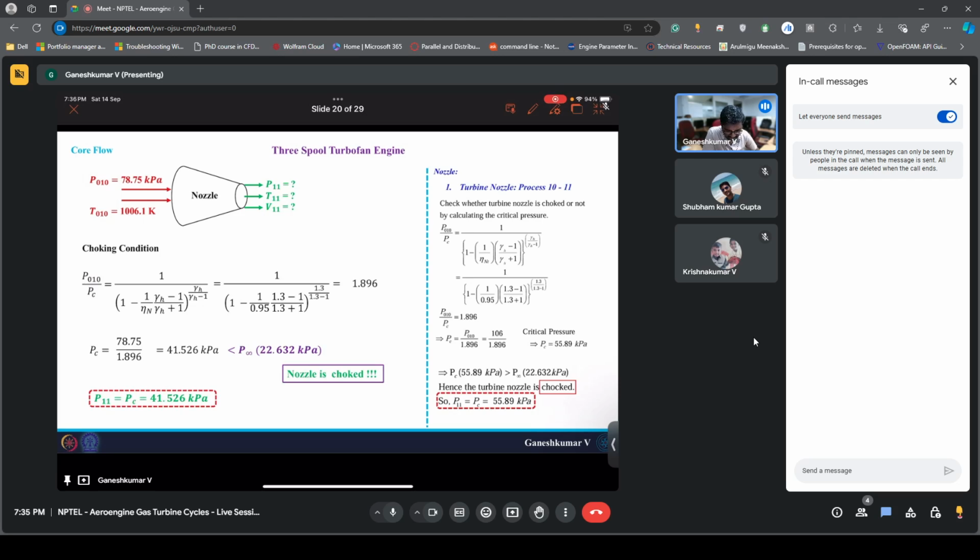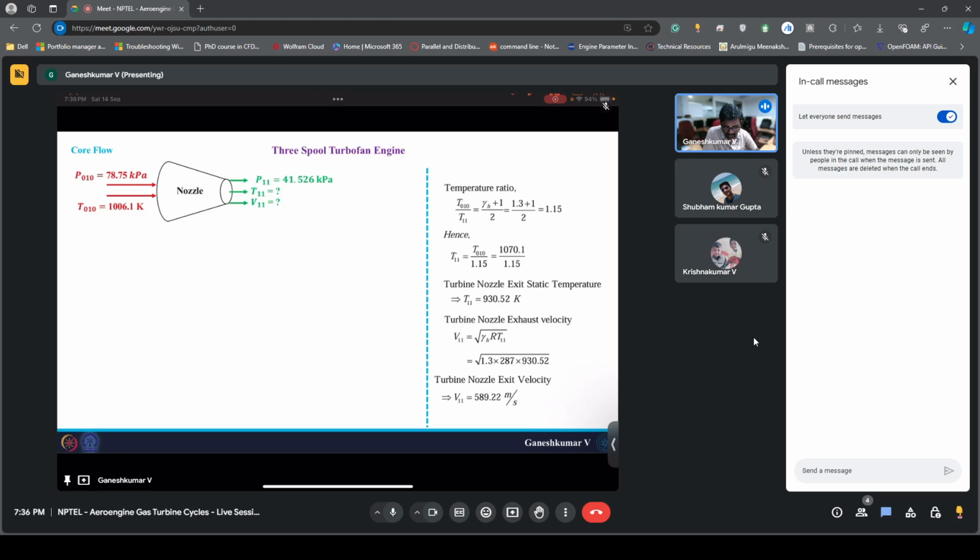But the exit pressure has reduced from 55.89 kilopascal. Now we have only 41.526 kilopascal. I would not say problem, but reduced pressure. Okay, and you can find the temperature ratio. Since the nozzle is choked, the temperature ratio is not going to change.